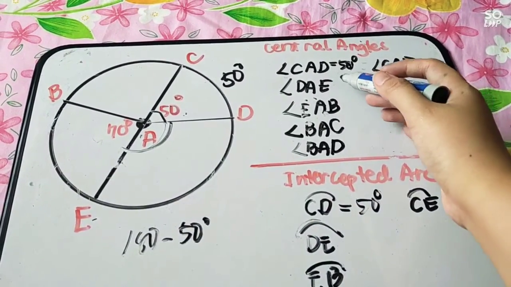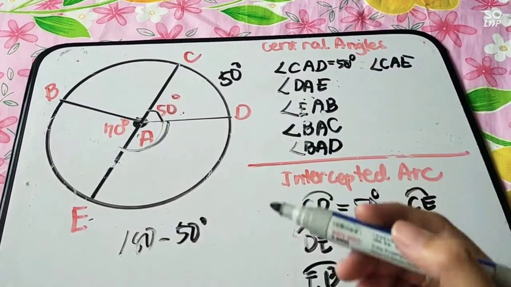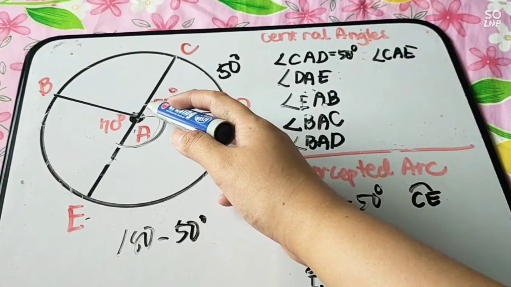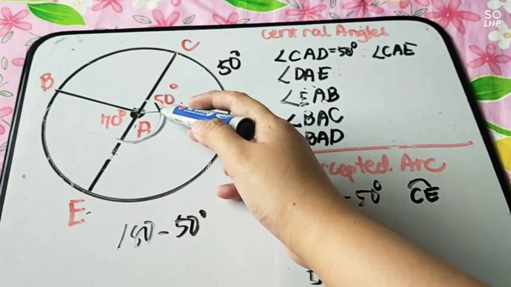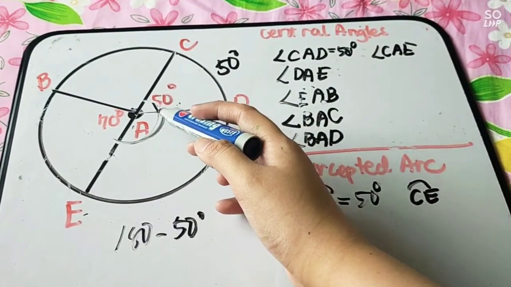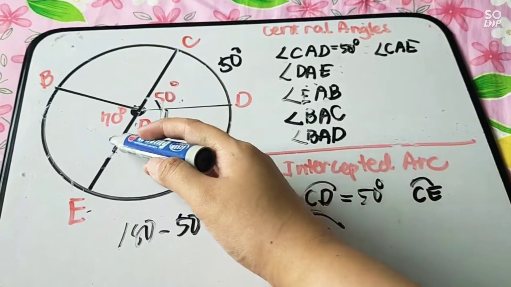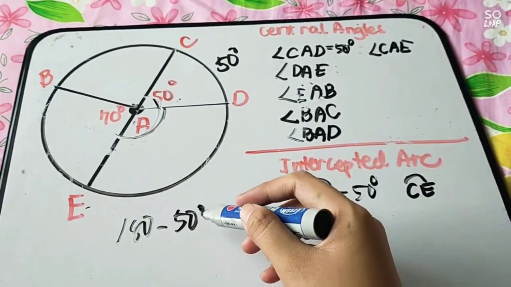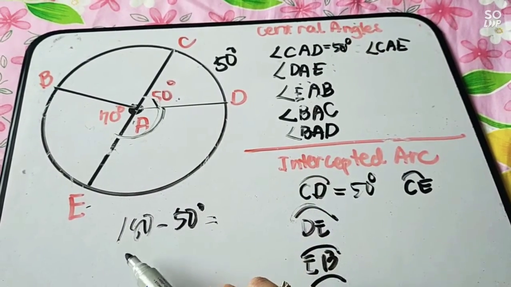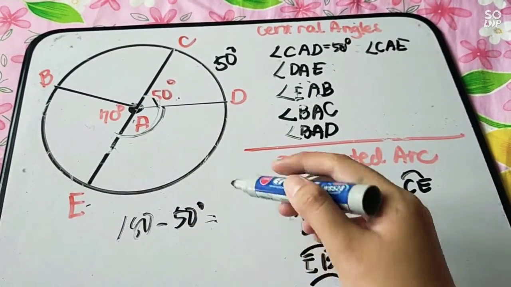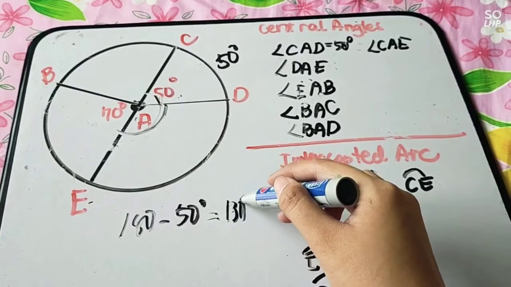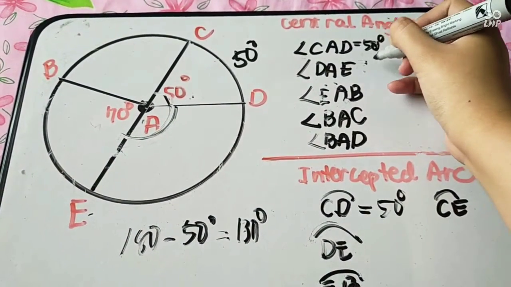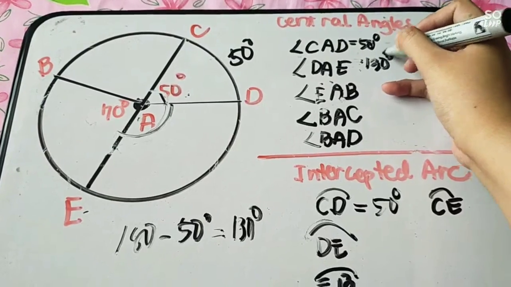Para makuha mo si DAE. Nagigets mo? So, meron ka ng angle dito, yung 50 degrees. So, yung natitira na lang angle dun sa kalahati niya is, yun yung hahanapin natin. So, we have 180 minus 50. The answer is 130 degrees. So, DAE is equal to 130 degrees.